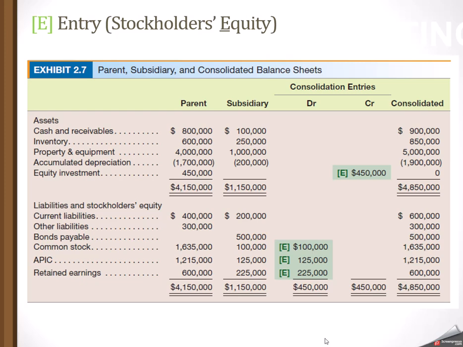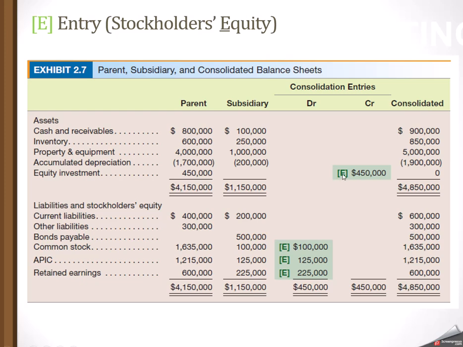We will continue to do these entries from chapter 2 all the way through chapter 6, and then we'll even pop back into them in chapter 8. So you want to understand them as they're introduced, because we're going to keep building on them. If you don't understand this now, we're going to build on it every chapter from now until chapter 8.